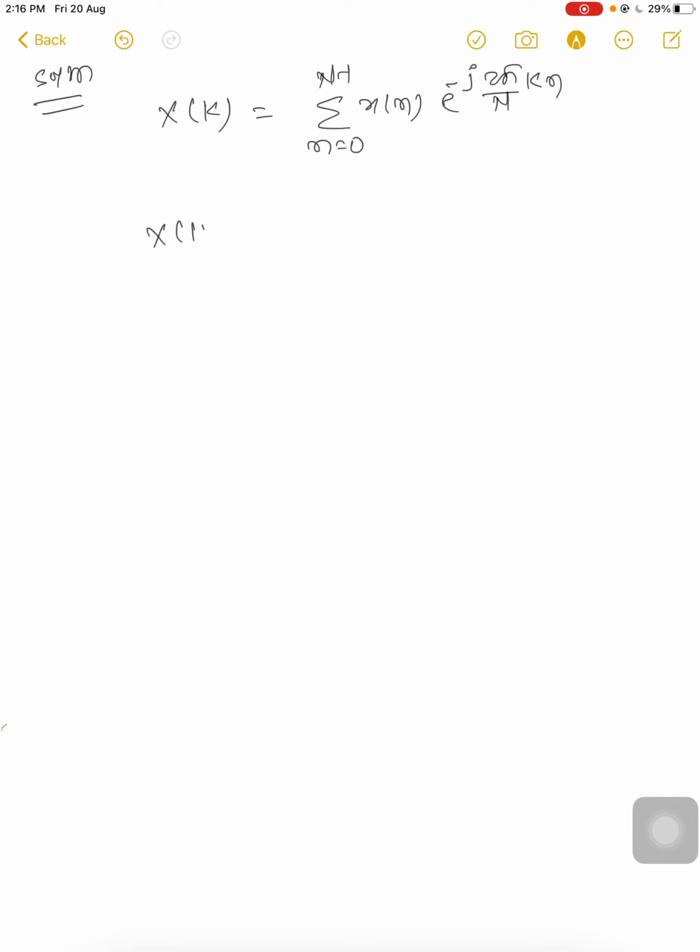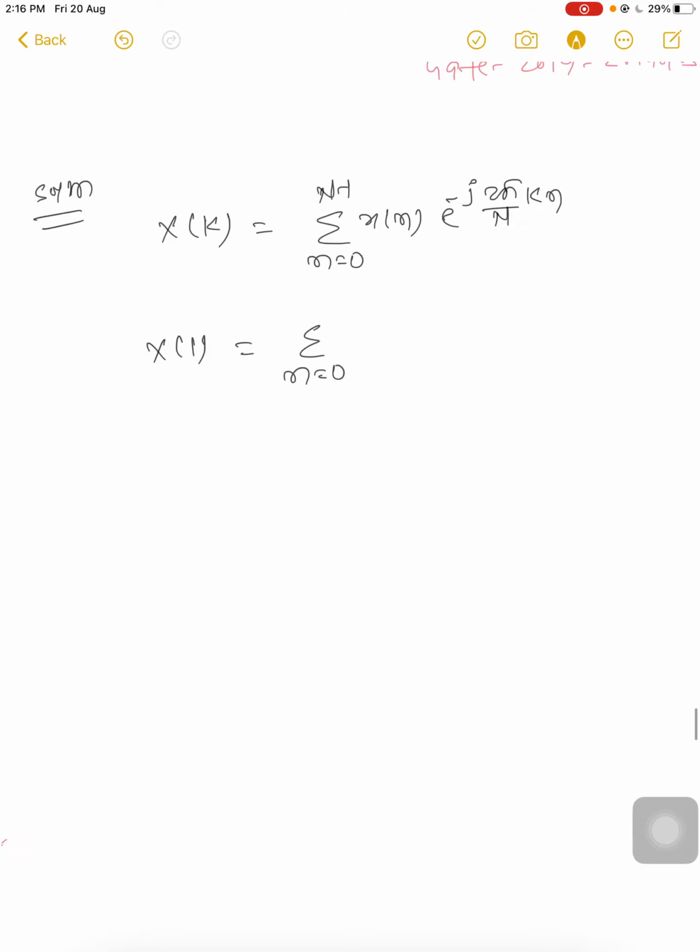All the things are given, and we have to find out. So Xk, we know that Xk is the summation of n equal to 0 to N minus 1 of x[n] e to the power minus j 2 pi by capital N k n. Here we have to find out X1. What will be X1?